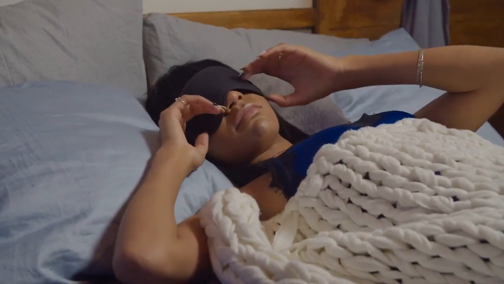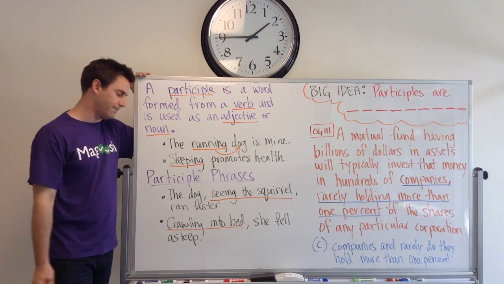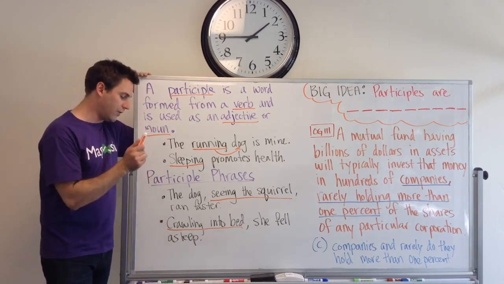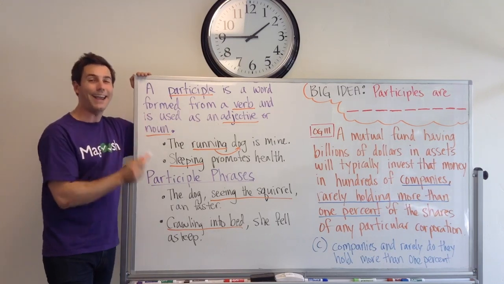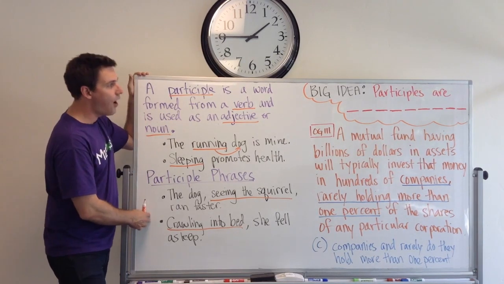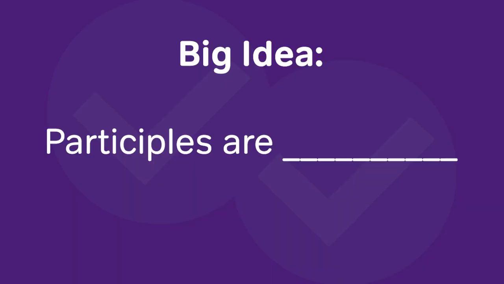At the beginning of the sentence, we have this phrase, crawling into bed, and it is our participle phrase. So this leads us to our big idea. Participles and participle phrases are something very important. They are modifiers. They modify things. They tell us about something else.